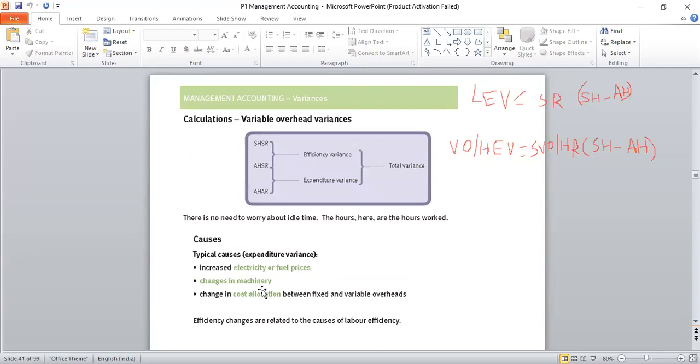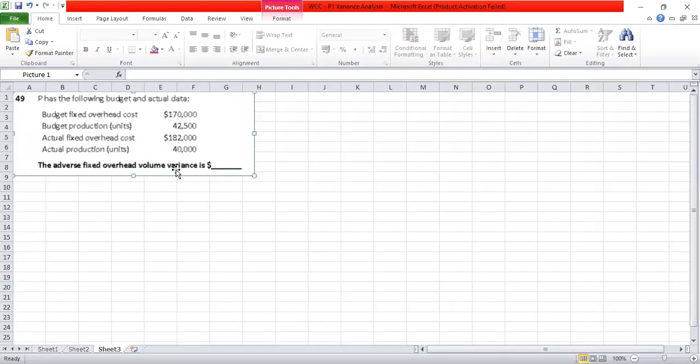While working out the questions, we will look into what we have to learn, and then take it forward. I hope you are able to see the Excel sheet. Yes. The first question on fixed overhead variance, question number 49, is there.